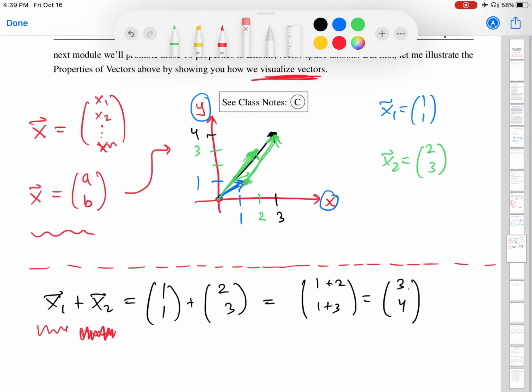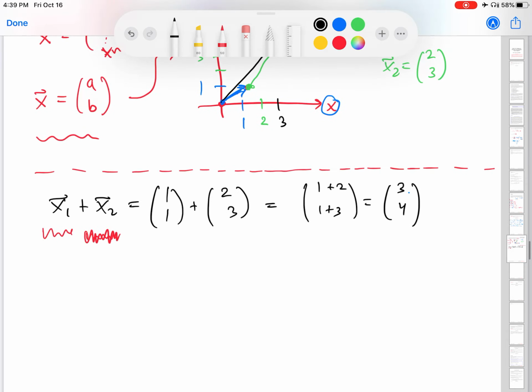Well, if I take this picture and again declutter it, I'm going to get rid of this green stuff as much as I can. There we go. Then this is what emerges. So what we see is that if I want to understand the sum of vector x1 with vector x2, I just put the tail of x2 at the head of x1.